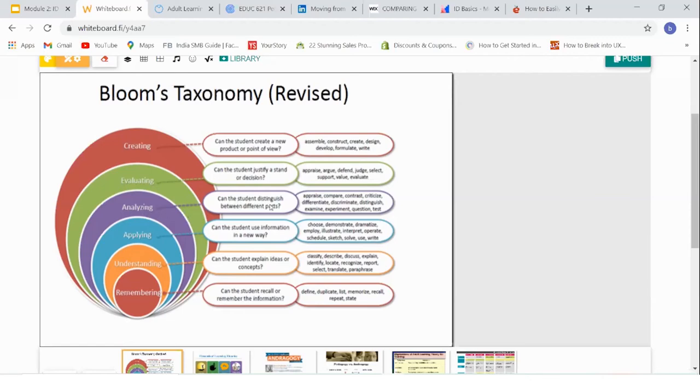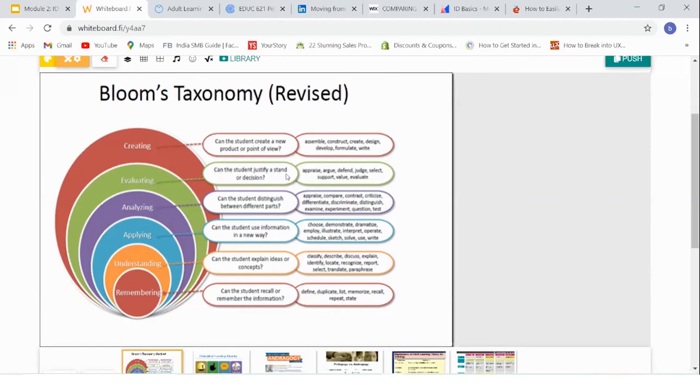Analyze. Can the student distinguish between different parts? Is he using his analytical ability? For that kind of objective, you will use action verbs like discriminate, differentiate, distinguish. Next comes the evaluation level.